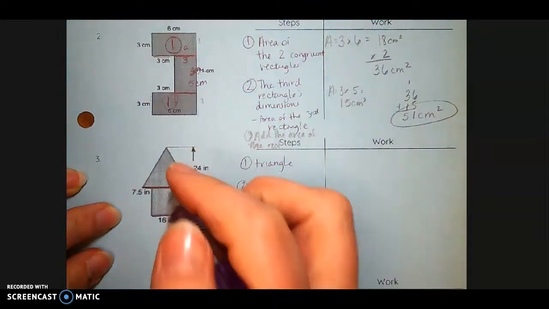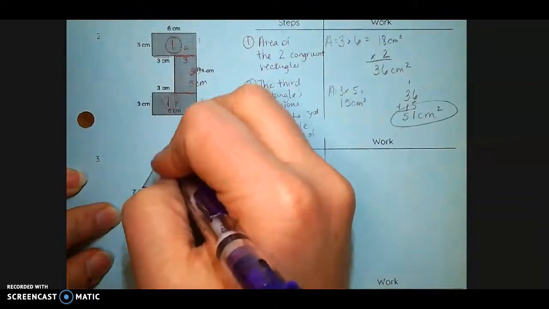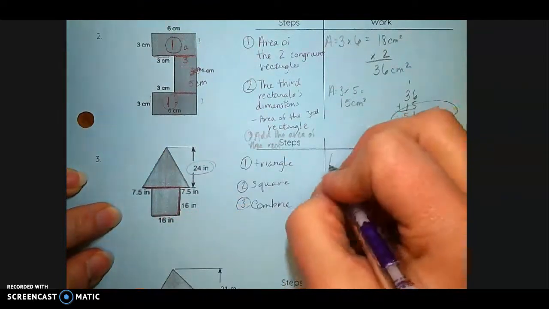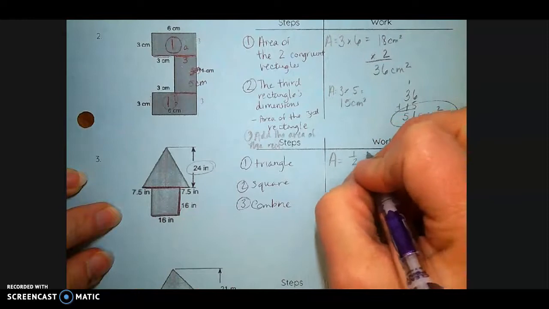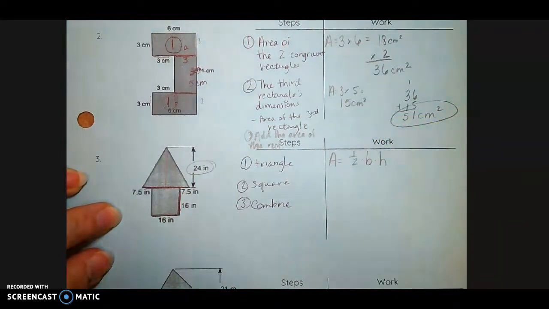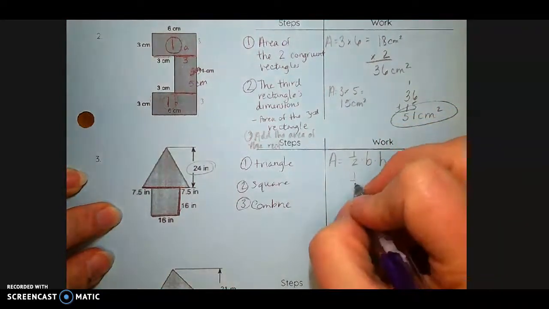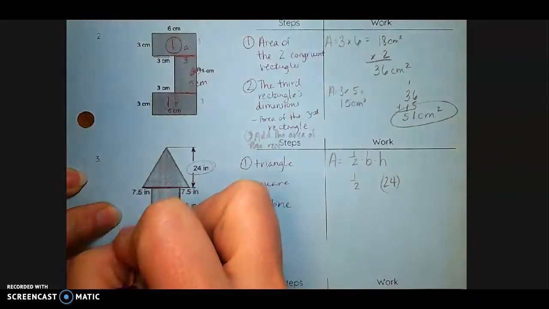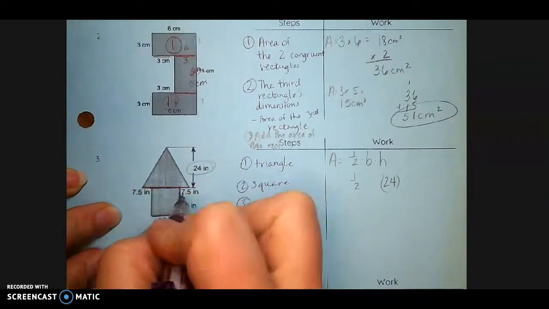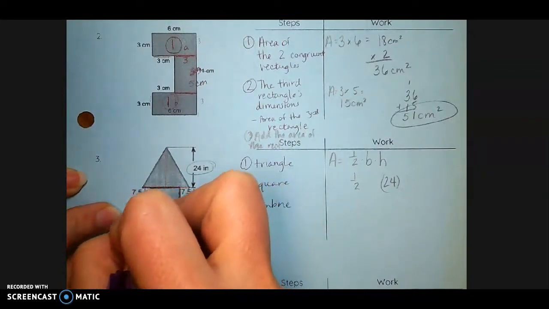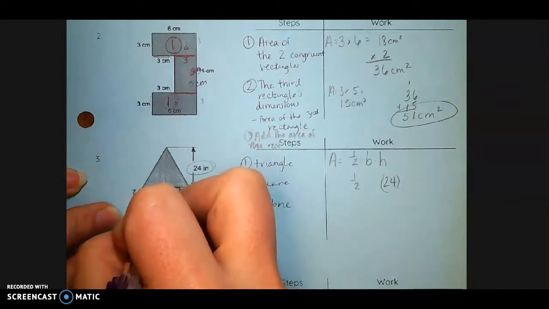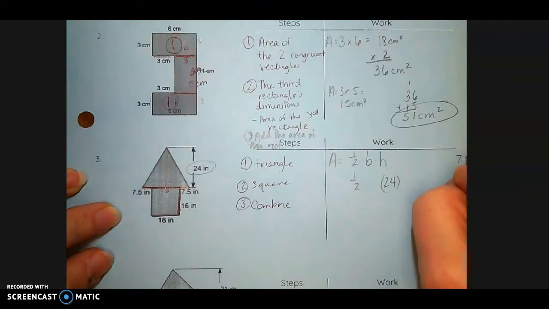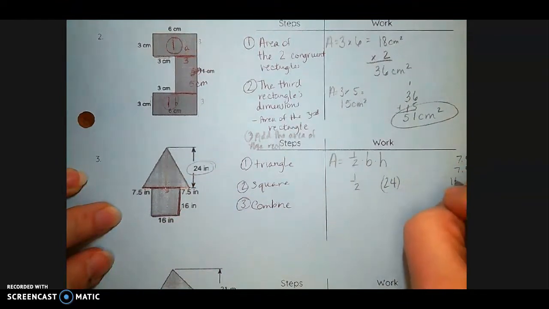So to find the area of my triangle here, I know I need the height. And that's labeled on the outside. In this case, my height is 24. So the area is 1/2 times the base times the height. Well, my base, it says that this is 7.5, and this is 7.5, and then this is 16 up here. So I'm going to need to do 7.5 plus 7.5 plus 16.